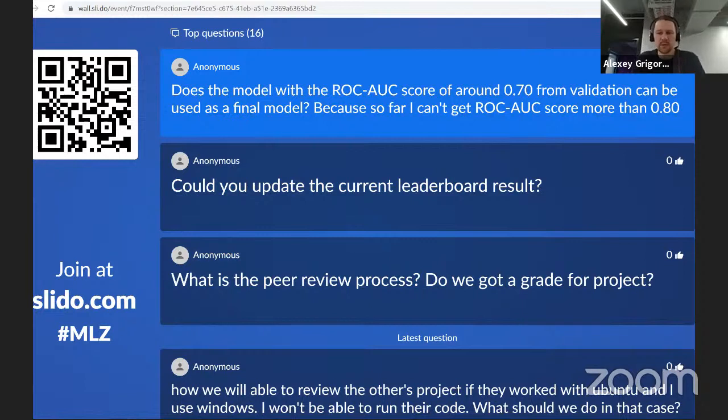So it really depends on your dataset. But even with this score, some of the models can be used. So it's really case dependent, and there is no rule for every model. So yeah, 0.70 is a reasonably good AUC value to go ahead and use this as a final model.